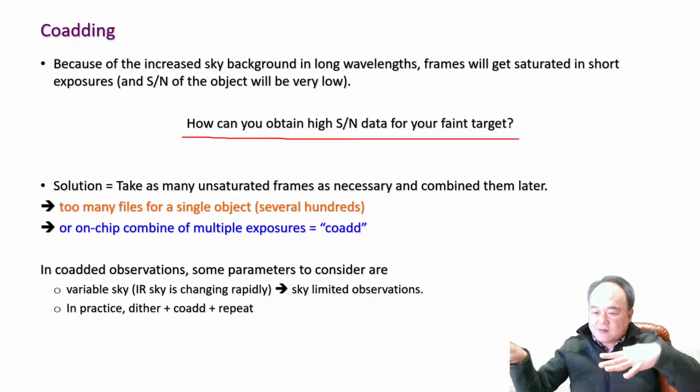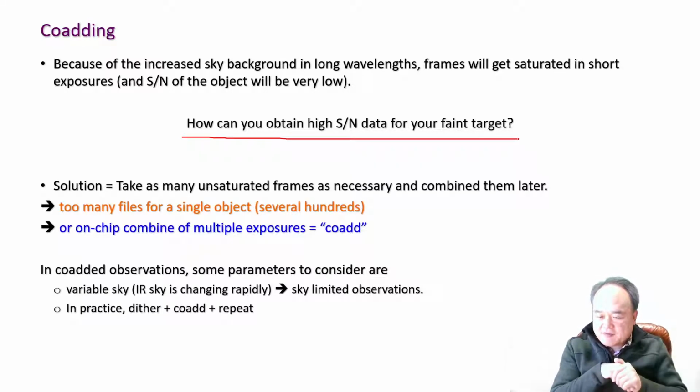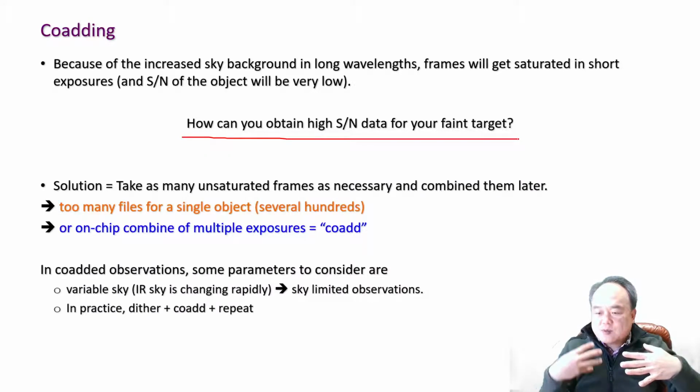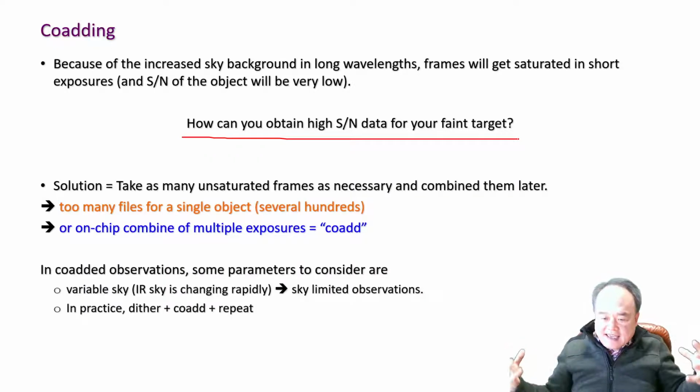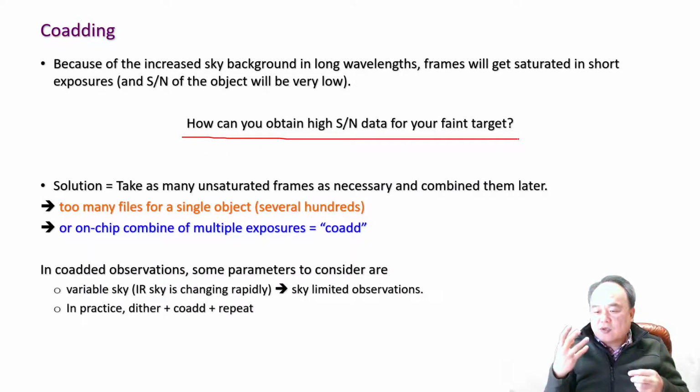For the next coadd frame, that information can be added to the existing unsaturated frame record. This concept of adding the unsaturated images within the detector's internal array memory is called the coadd.